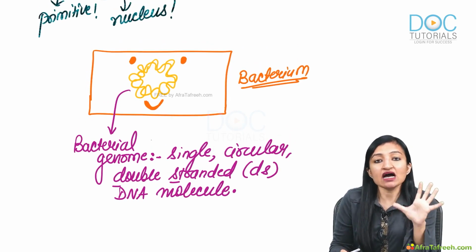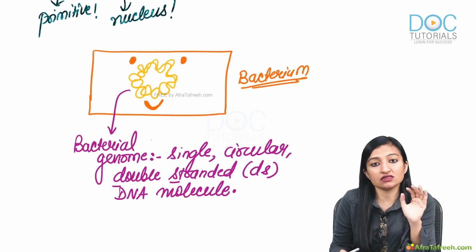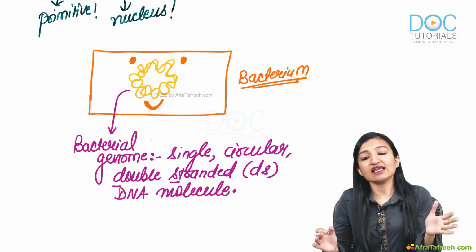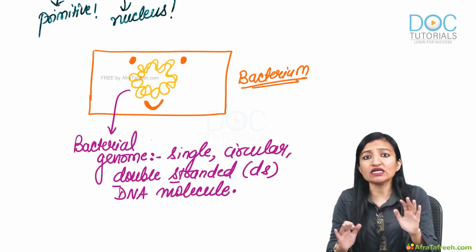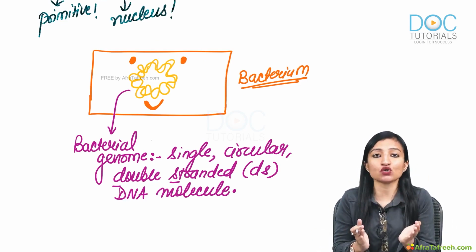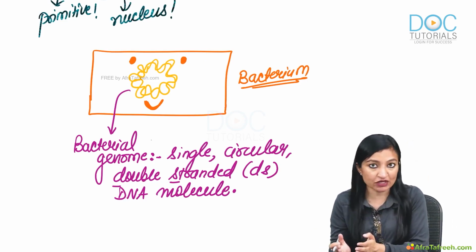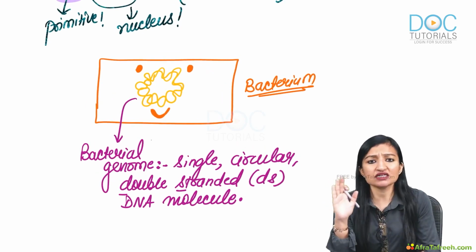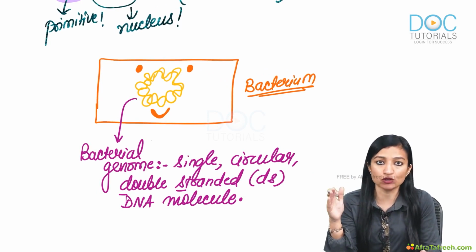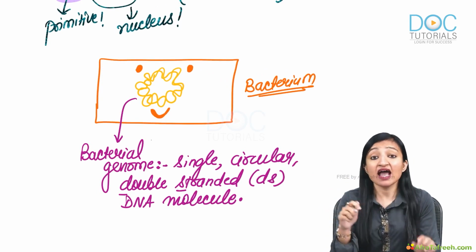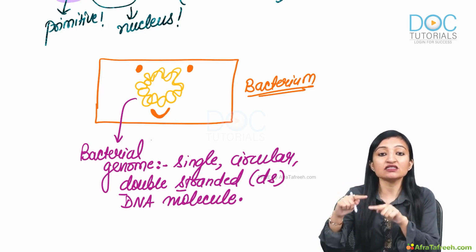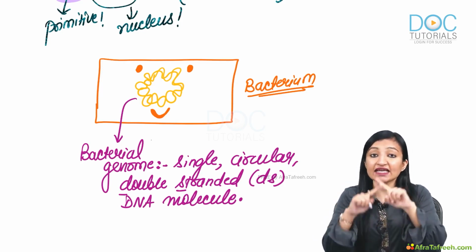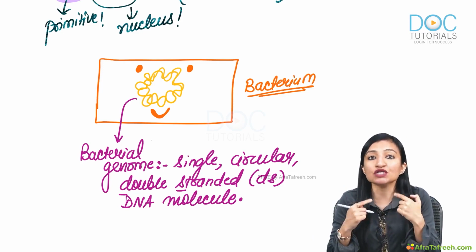Bacteria have a single chromosome which is freely lying in the cytoplasm, and there is therefore no need for a specialized structure called the nucleus, which is there in eukaryotes. That area in the cytoplasm where this bacterial genome is located is referred to as the nucleoid.